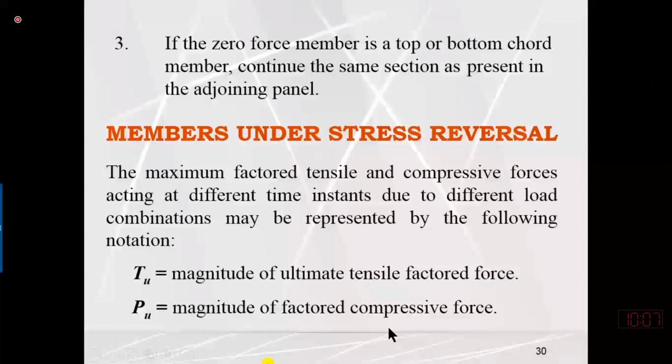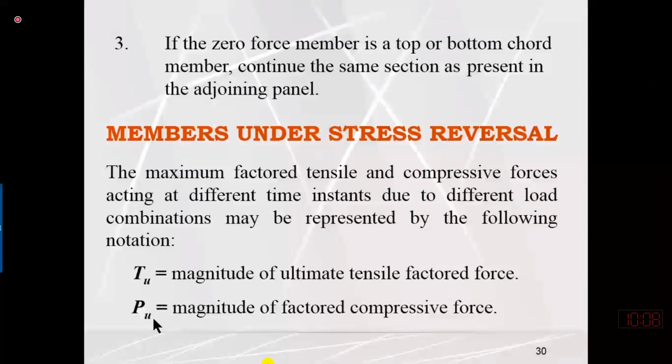Here we have to evaluate the maximum expected tensile force that a member may be subjected to during its service life, and the maximum expected compressive force that the member may be subjected to during its service life. So it means that we have both tensile forces and compressive forces in that member, but again, I'm clarifying that it is at a different instance, not at the same time.